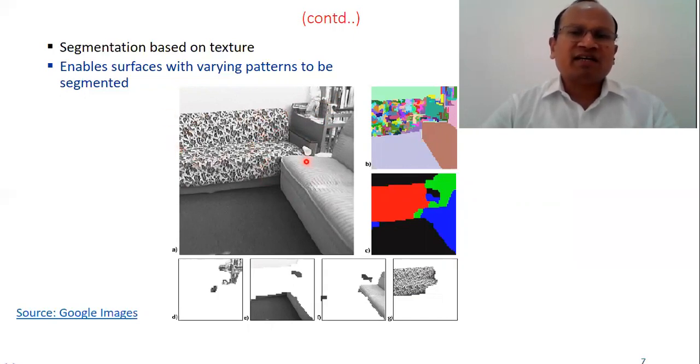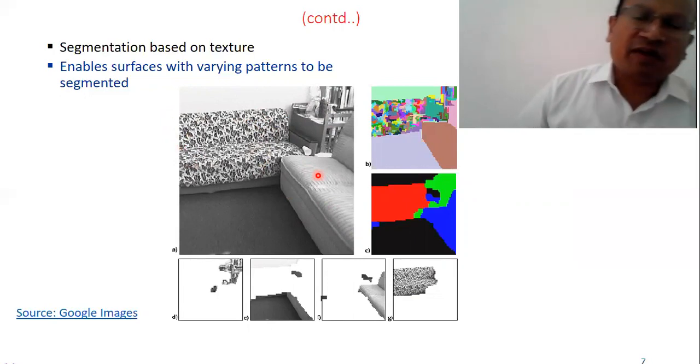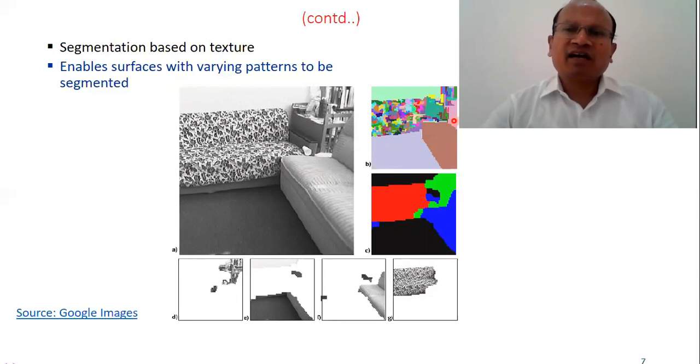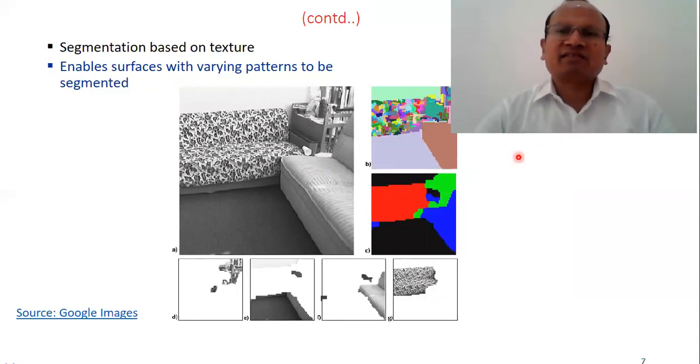You see this area, it has a different texture. So based on texture, which is nothing but the varying patterns, and based on those patterns, you can identify, you can segment, and then you can select a certain region.